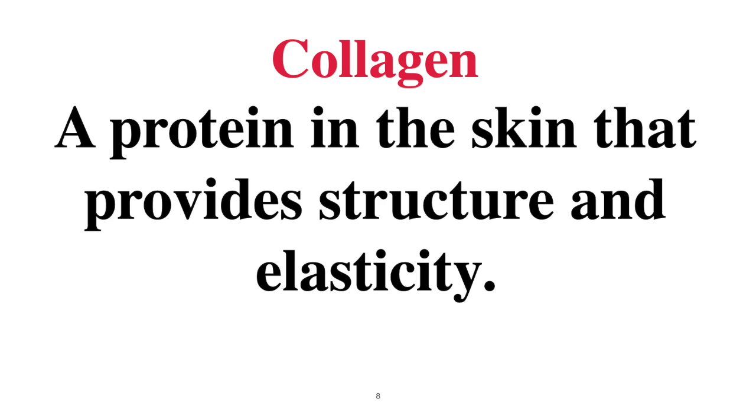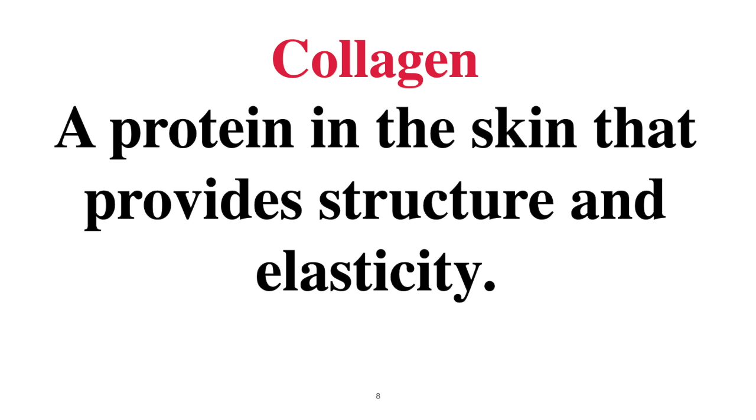Next, we have collagen. Collagen is a protein in the skin that provides structure and elasticity. You guys, there are several types of collagen in the body, okay? But in aesthetics, I will say that mostly people focus on type 1 and 3, which are again the most prevalent in the skin.